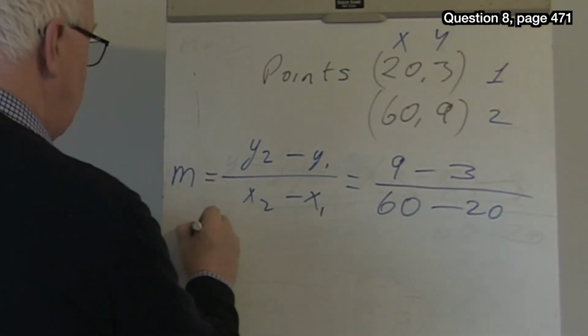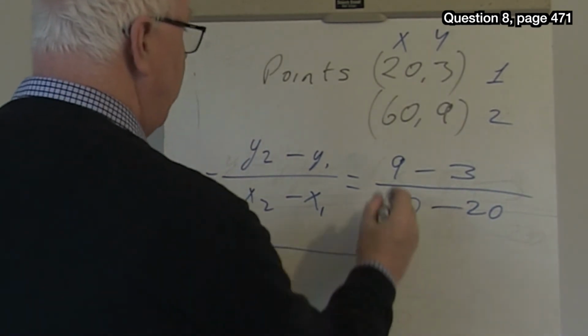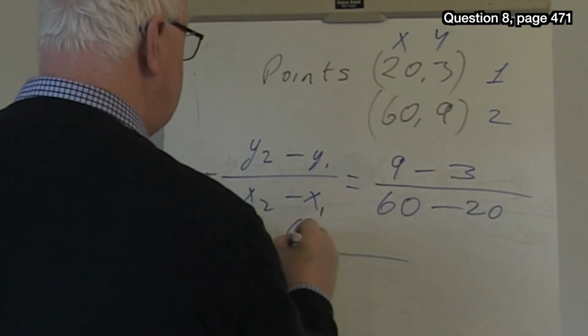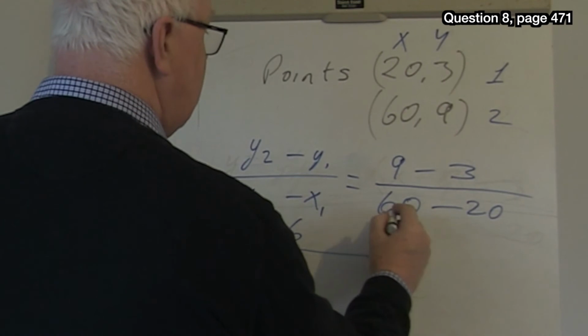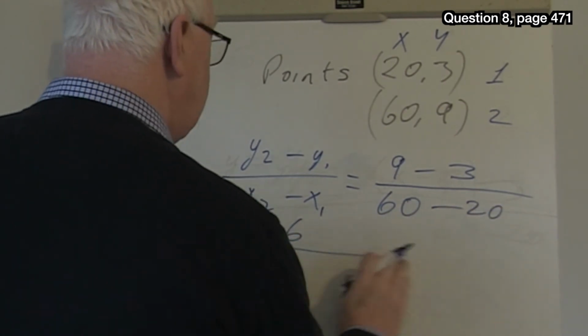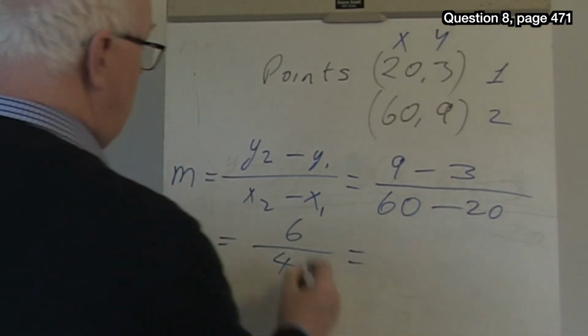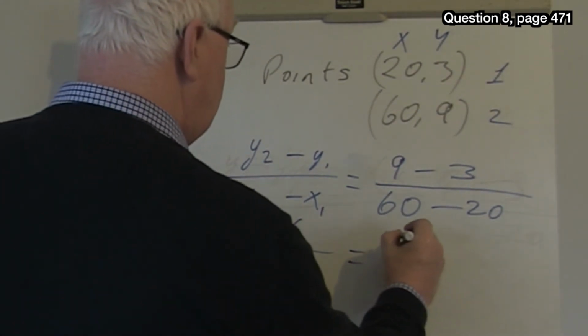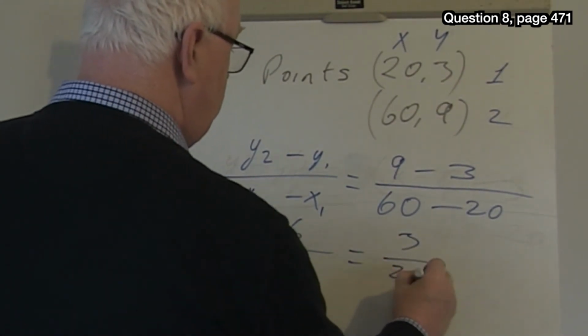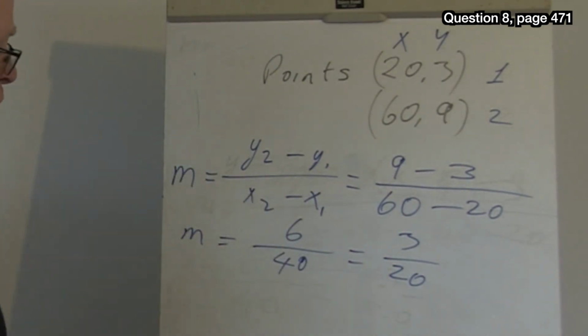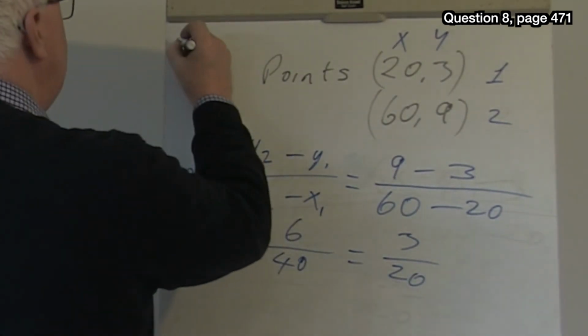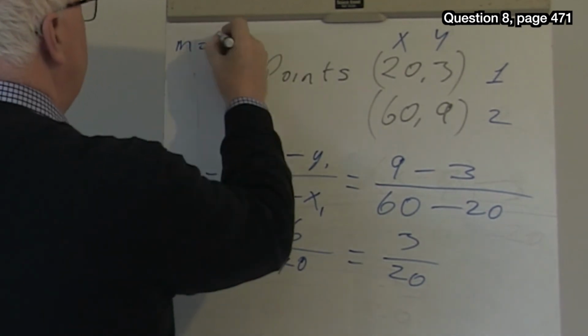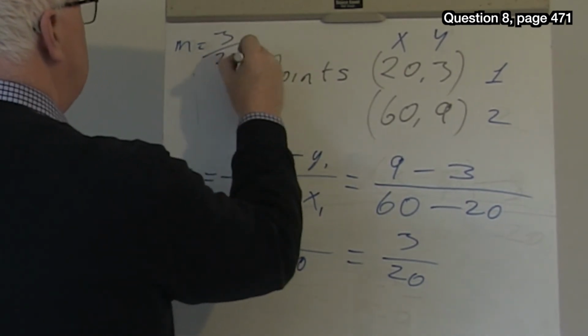So we continue down here: 9 minus 3 is 6, and 60 minus 20 is 40. To make that a little bit smaller, we're going to divide again by 2, and that gives us 3 over 20. So that's the slope of our line, m. So m equals 3 over 20.